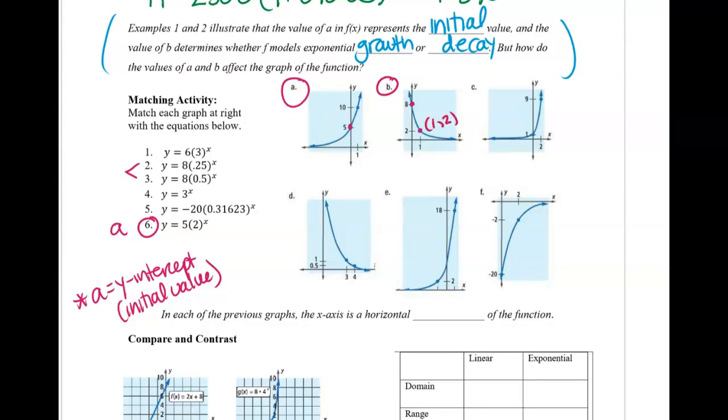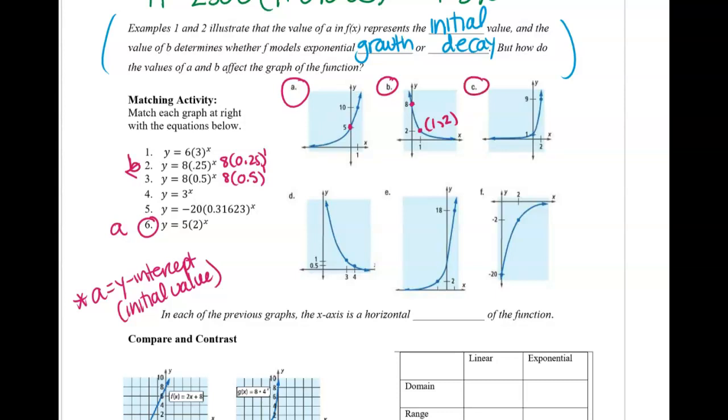So let's plug it into those equations and see which one works. So 8 times 0.5 to the first power is 8 times 0.5, which is 4. So that's not the right equation. Let's try the one above it. 8 times 0.25 to the first power is 8 times 0.25, which is 2. So that fits. So number 2 is B.